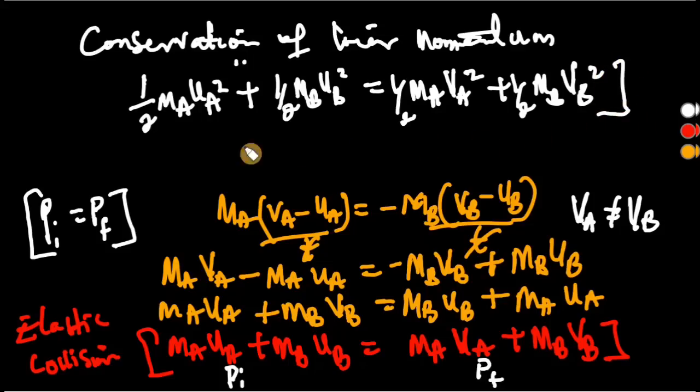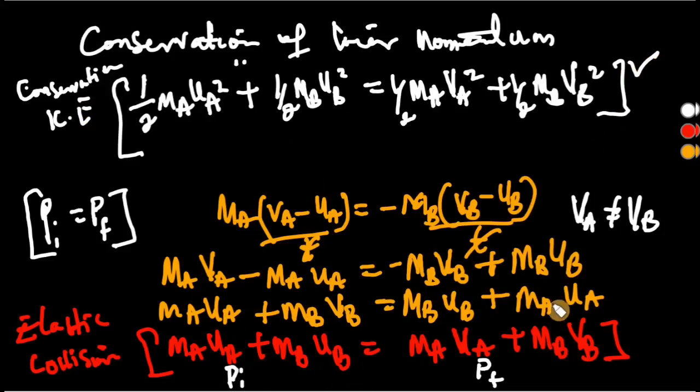So this is the equation for the conservation of kinetic energy for elastic collision, and this is conservation of momentum. These two formulae are very important. You notice that in each of them, the final velocities are different.